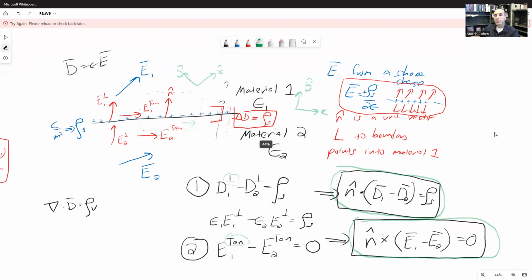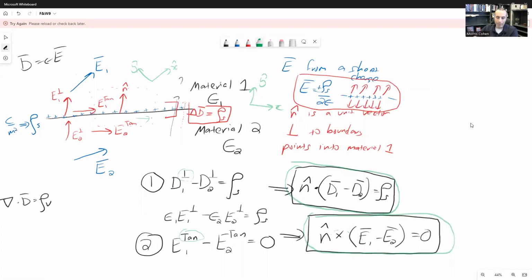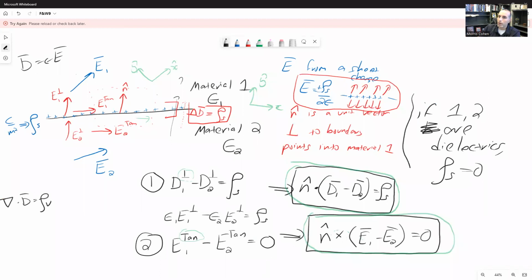Right now, we can simplify this problem if we know something else about the material. So for example, if 1 and 2 are dielectrics only, that is to say they have no conductivity, then we can take that to mean that rho s equals 0. And that greatly simplifies things.